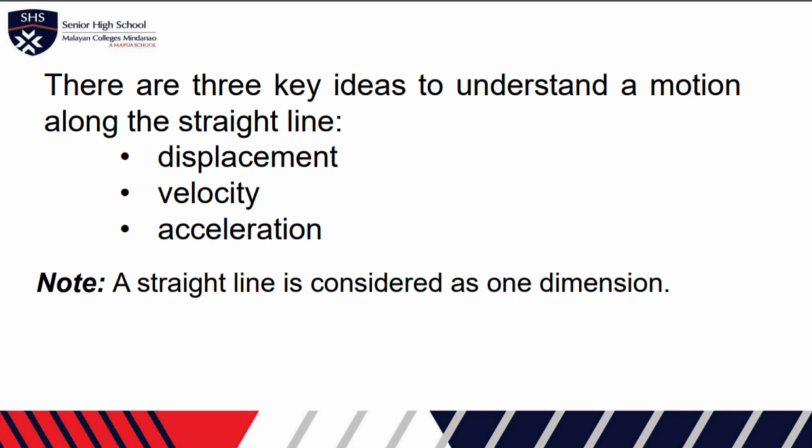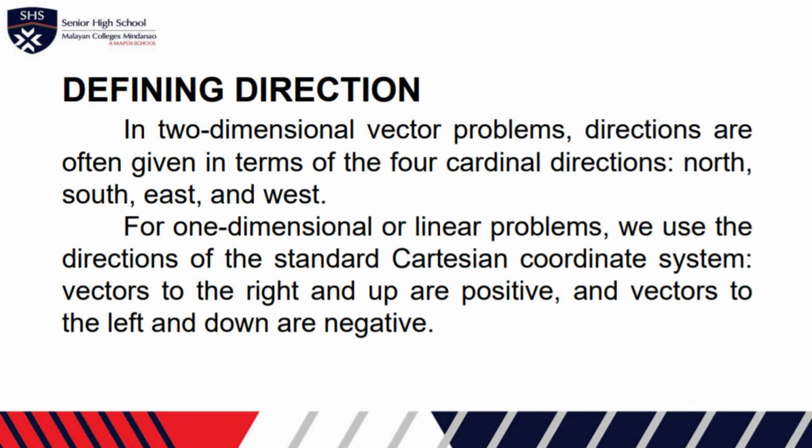We will know them one by one as we discuss furthermore in the slides. Now, mind that a straight line is considered only as one dimension because in lesson 4, we will just talk about motion along a straight line, while in lesson 5, we will consider two dimensions of motion.